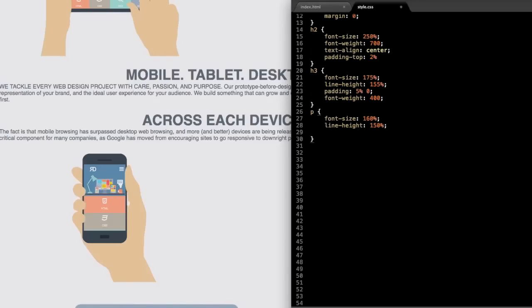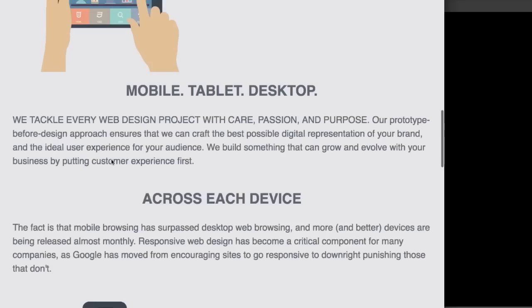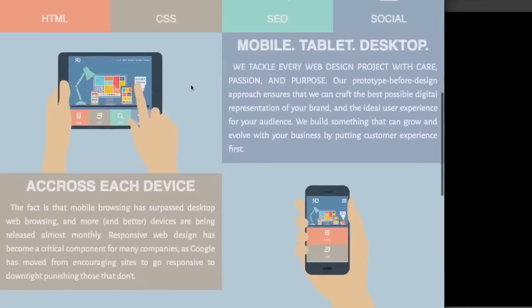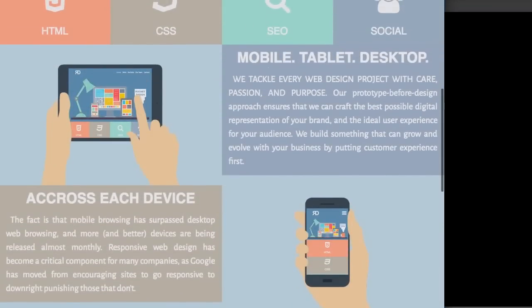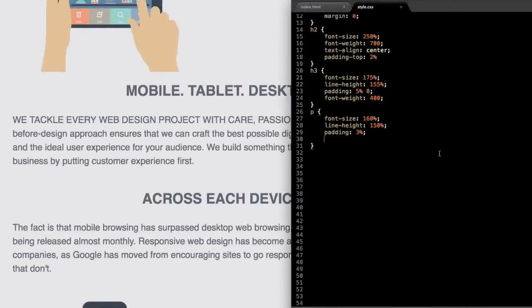Okay, and then drop down. And then let's give this a padding of 3% all around. Okay, and then let's go and refresh. And now we see the paragraph text here, creating some real space between the lines. Okay, so let's move back over to style the rest of our paragraph text here.